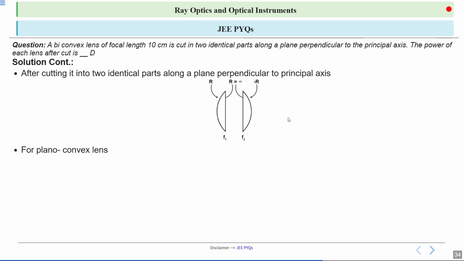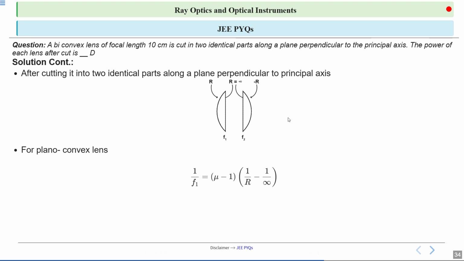Now let's focus on the plano-convex lens. The formula for focal length of a plano-convex lens is slightly different because one side is flat. This distinction is important for calculating the new focal length and power. So the formula for the focal length of the plano-convex lens is given by 1 upon f1 equals mu minus 1 multiplied by 1 upon r minus 1 upon infinity.